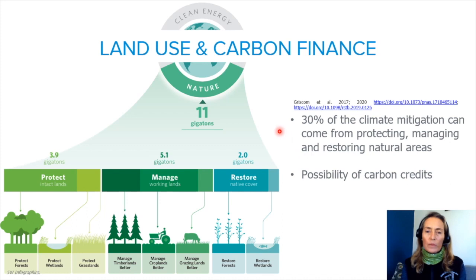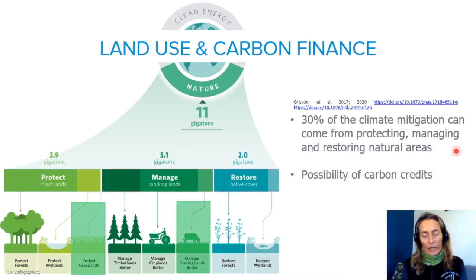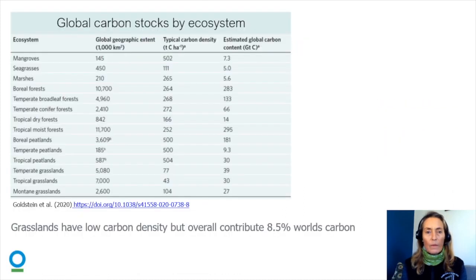So Griscom and colleagues have pointed out that besides clean energy, 30% of our climate mitigation targets can come from protecting, managing, and restoring natural lands. And this includes grasslands. So there is the possibility of getting carbon credits from these areas.